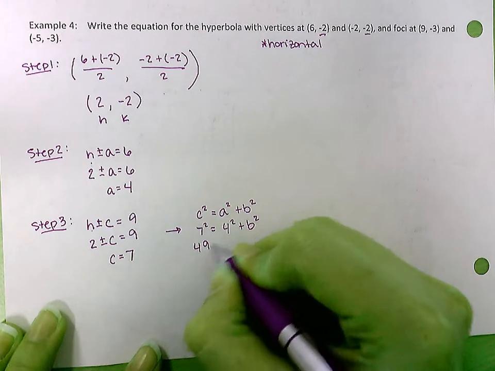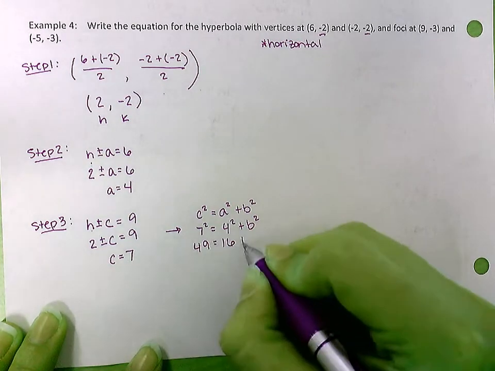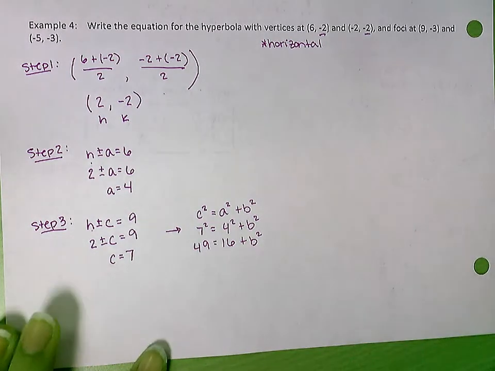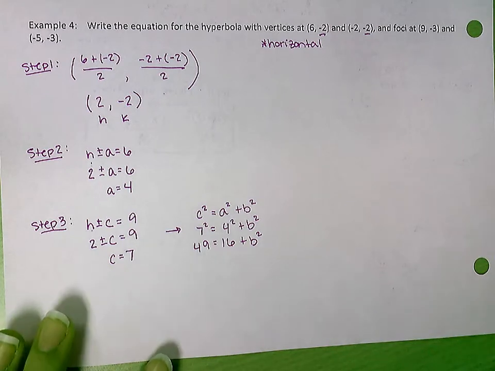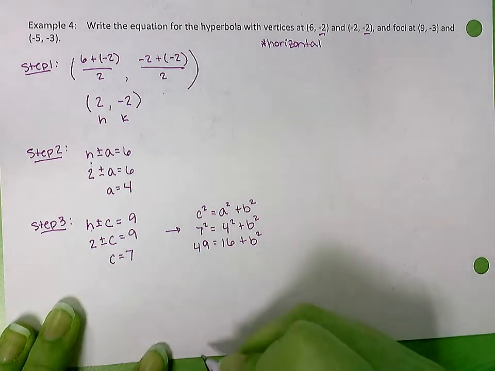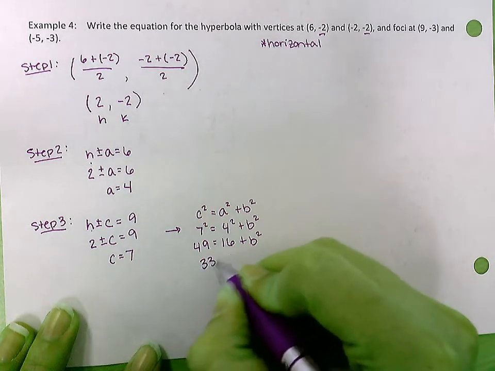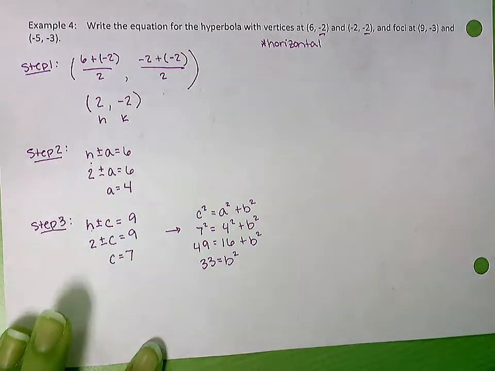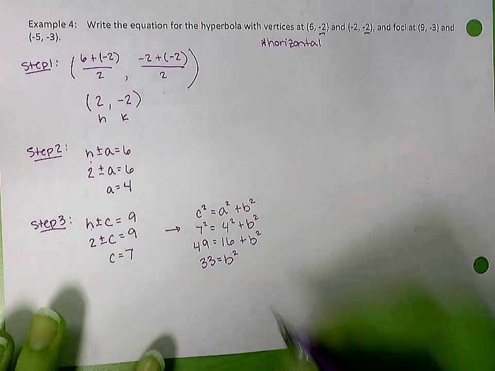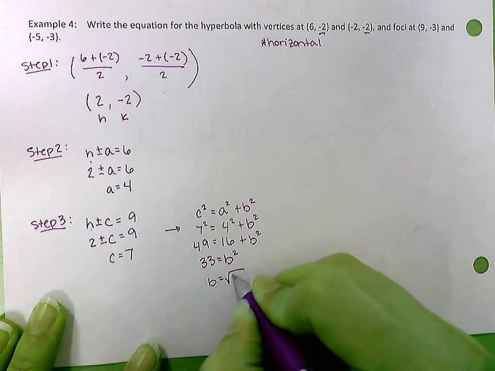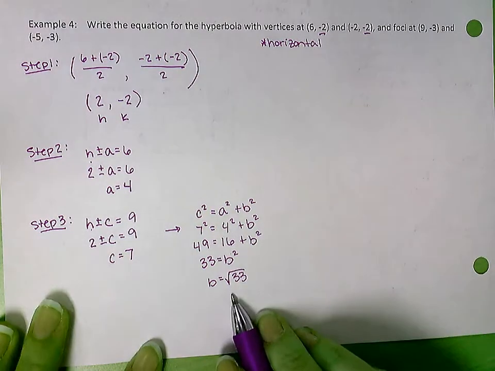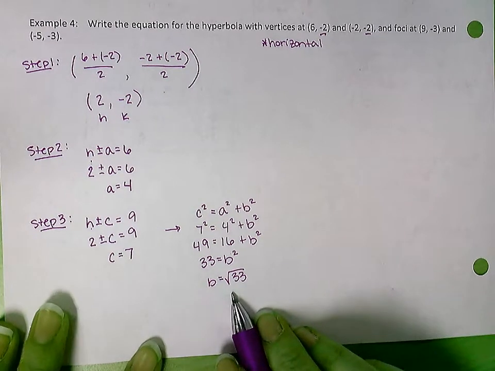Seven squared is 49. 4 squared is 16. Subtract 16 from both sides. Take the square root. Again, leave it in that root. Don't plug it into your calculator.